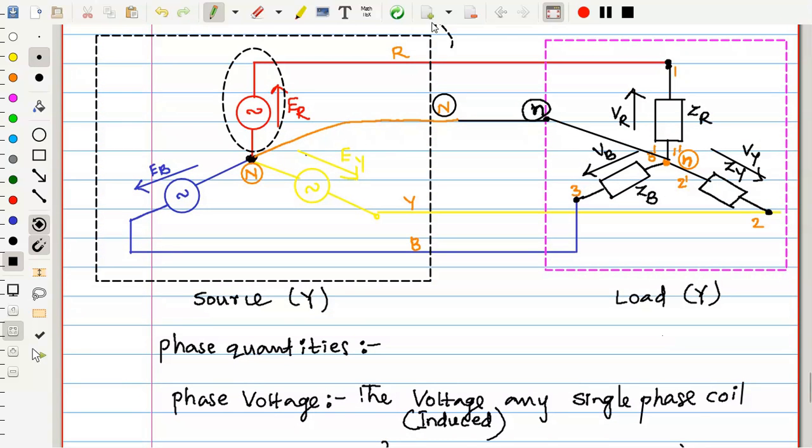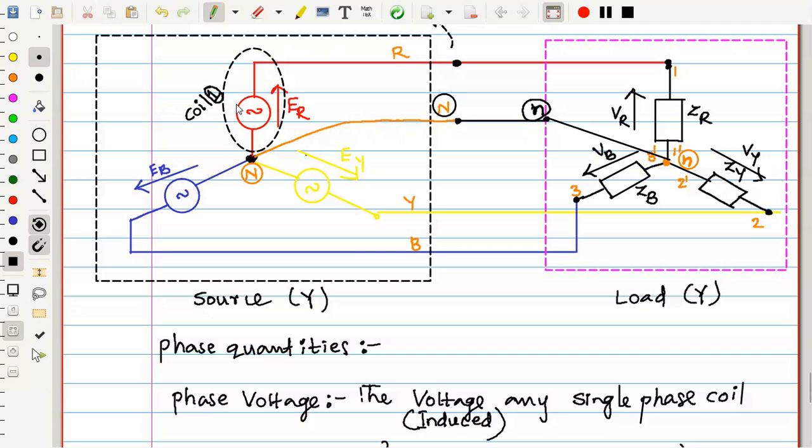Right. I want to point out some more observations here. If you see one of the coils, which we previously called coil 1, see where coil 1 is connected. I just want to demonstrate coil 1, then you can understand coil 2 and 3 also. Where is coil 1 exactly connected? Can I say that at the terminals between capital R and N, this coil is connected? Can somebody say yes or no? Yes.